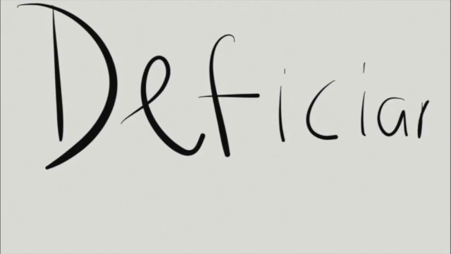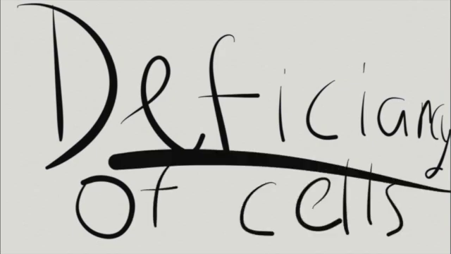First of all, we need to have a regulator which says that when we have a deficiency of whatever type of cell, we would have to create or produce new cells, and that's key here.